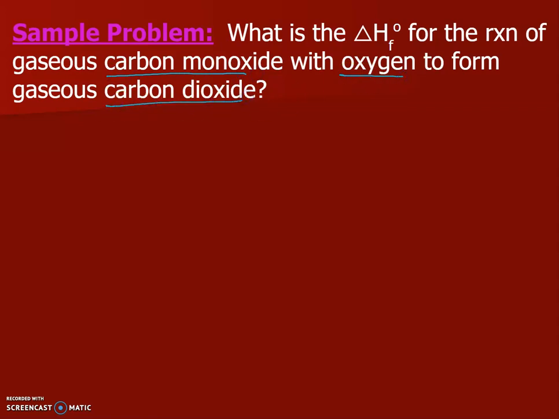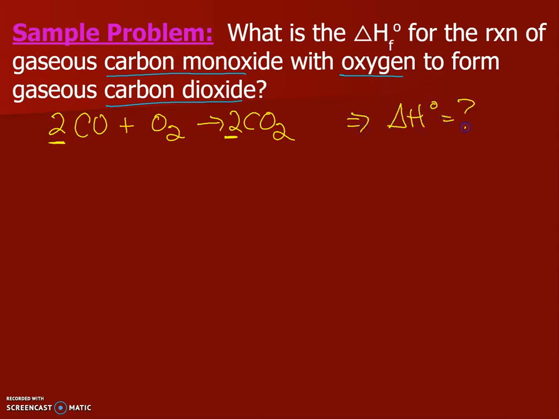First things first, you always have to write an equation. So I have CO plus O2, carbon monoxide plus oxygen makes CO2. Then I have to balance it. I'm going to need two COs on the left and two CO2s on the right. The whole thing is to figure out what the delta H of the overall reaction is going to be.